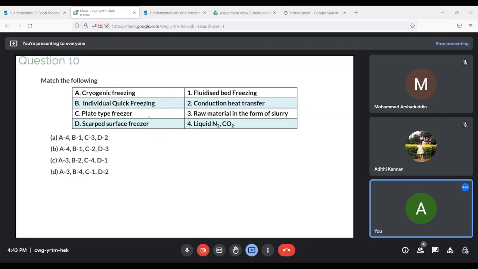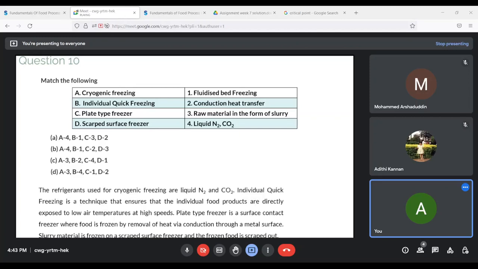So plate type freezer is what happens when you deal with conduction heat transfer. In a plate type freezer, as we saw in the numerical before, your food product will be placed between two plates or on either one side of the plate. So you will have heat removal either from both the sides of your food product or one side of your food product. But since we are dealing with plates here, first your heat removal has to happen from the surface and onto the plate and then outside of the plate.